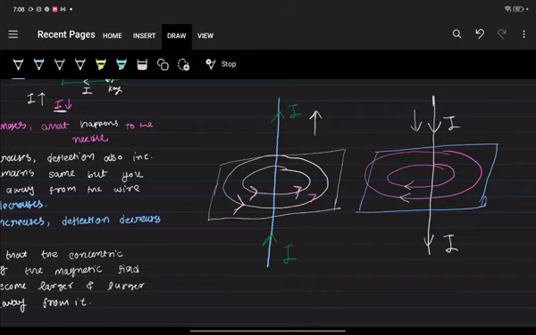Okay, so is this the anti-clockwise or clockwise direction? Let's suppose we are seeing from here, the top view. If we draw the top view, it will look somewhat like this. So the first is anti-clockwise and the second is clockwise.